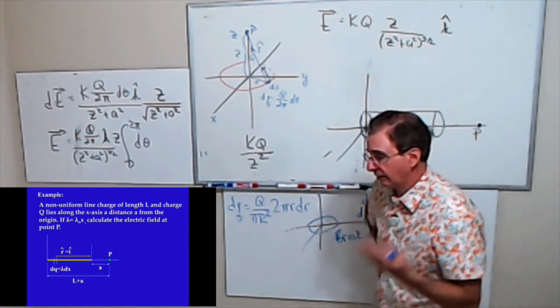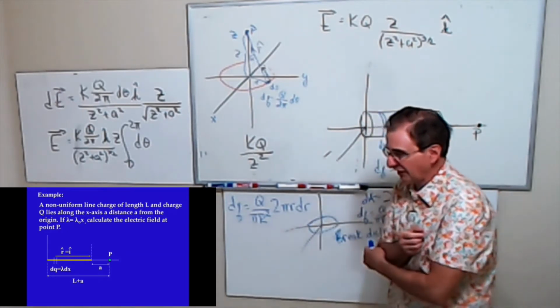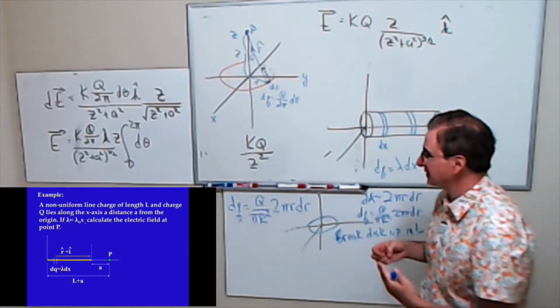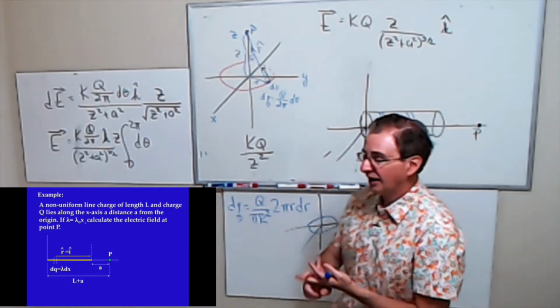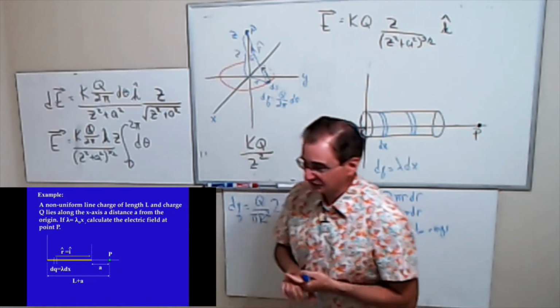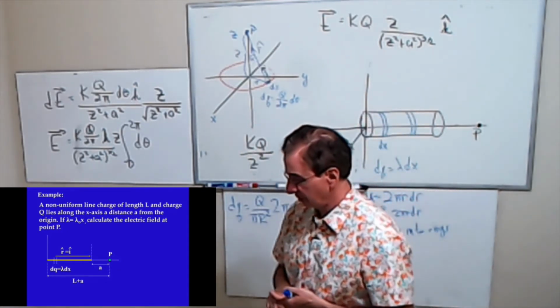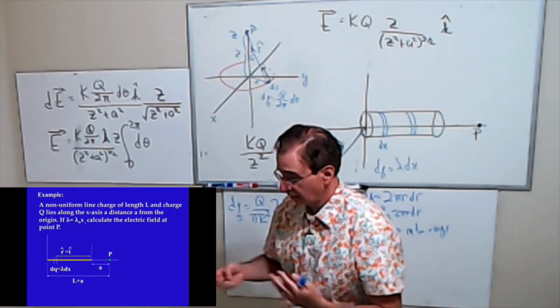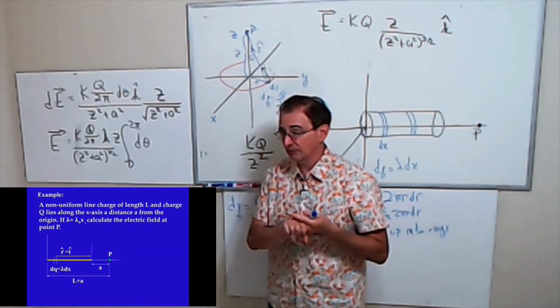The only way to get good at these kinds of problems is just to practice them. It's really the same process every time. The hard part is writing dq, r hat, and r squared. That's the hard part of these problems, because you're following the same procedure every single time. Whatever geometry I can give you, you're following the same process.